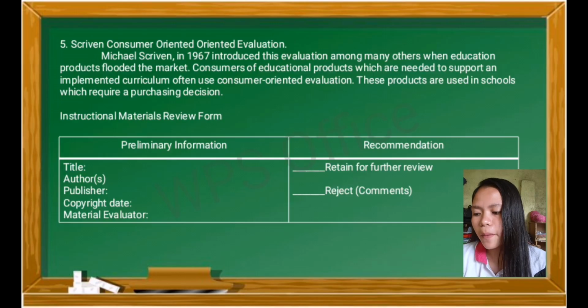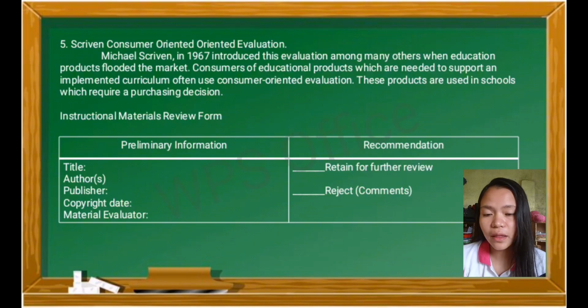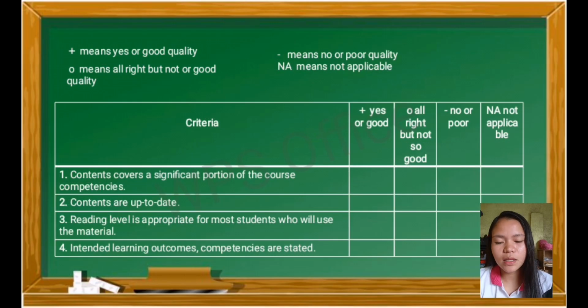The preliminary information includes title, authors, publisher, copyright date, and material evaluator. For recommendation, we have retained for further review, and next is reject, with comments. Next, use the following codes to rate the materials.